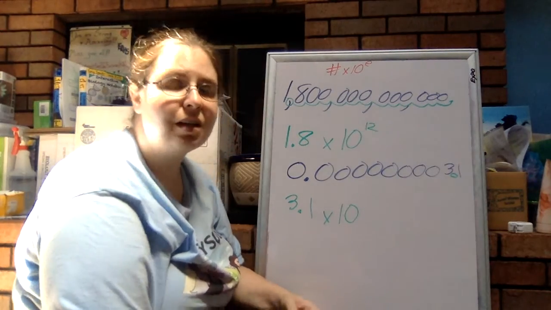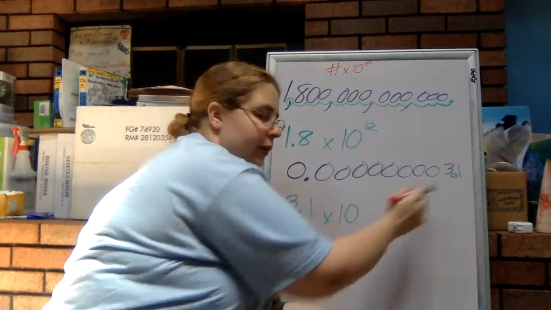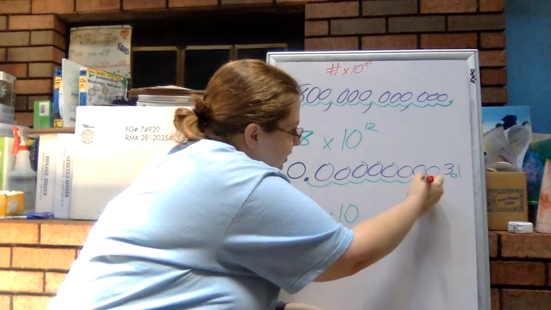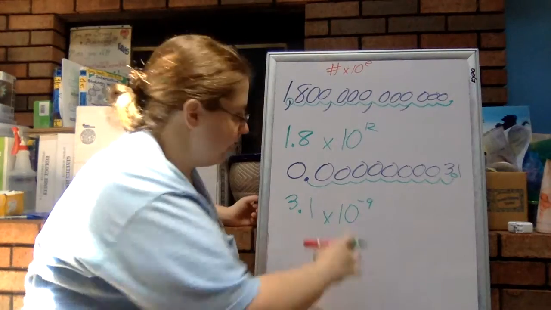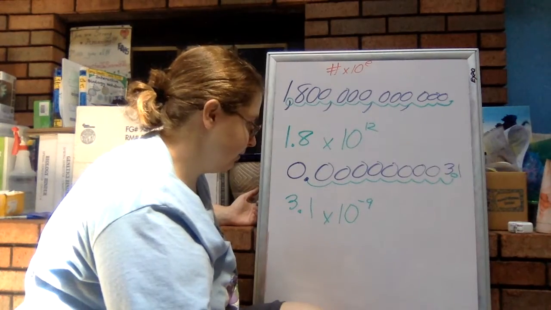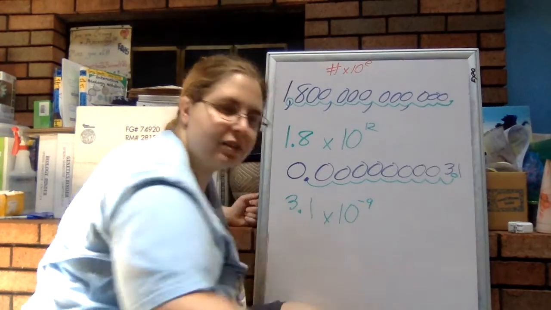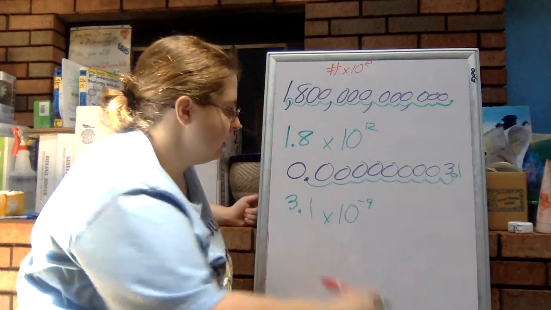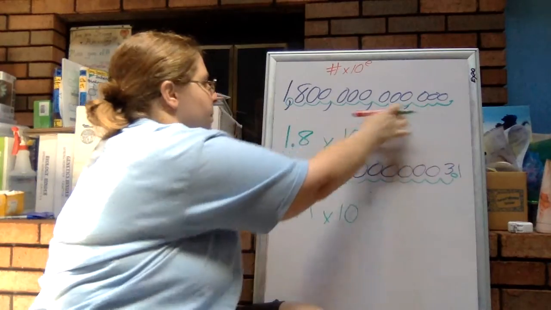Again, just like before, it's the number of places that you move the decimal point from where you start to where you end: 1, 2, 3, 4, 5, 6, 7, 8, 9, to the negative 9th. That negative number tells me which way to move my decimal point when I take it out of scientific notation, and allows me to remember that it's going to be a number that is much smaller than 1. So negative exponent, smaller than 1. Positive exponent, bigger than 1.